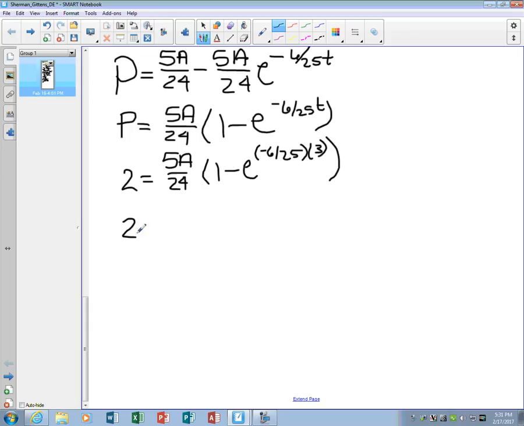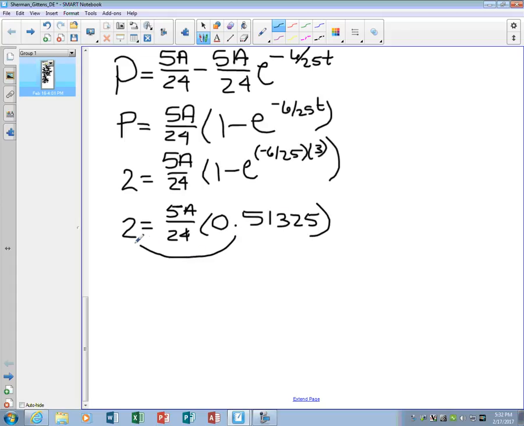So we have 2 equals 5a over 24 times 1 minus e to this, so e to the negative 18 over 25 is going to be 0.51325. So guess what?